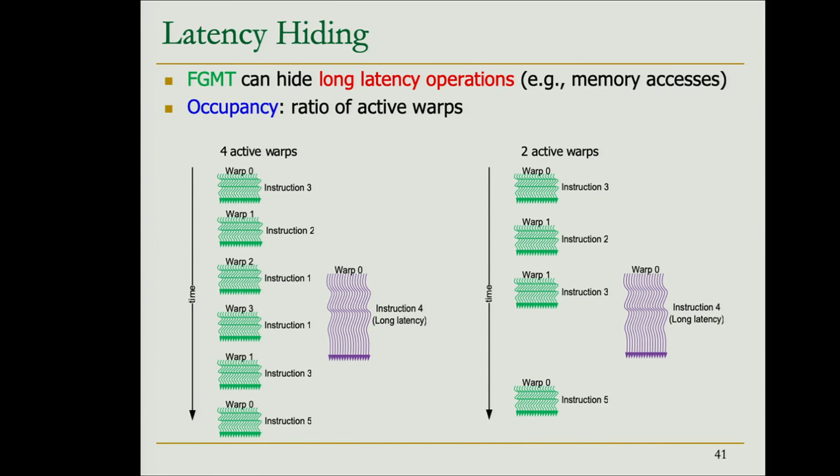Here is instruction 4 for warp 0, here is instruction 1 for warp 3. So each of them needs its own program counter. In the end, a program counter is a register, and we have a maximum number of program counters inside the GPU core. So that's essentially what limits the maximum number of warps that we can have inside each of the GPU cores.